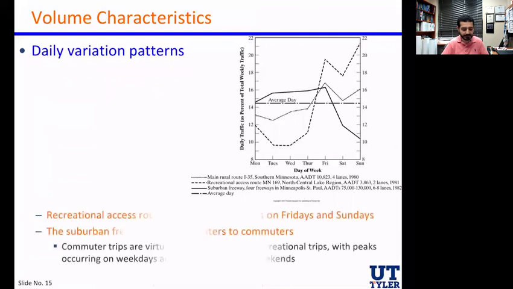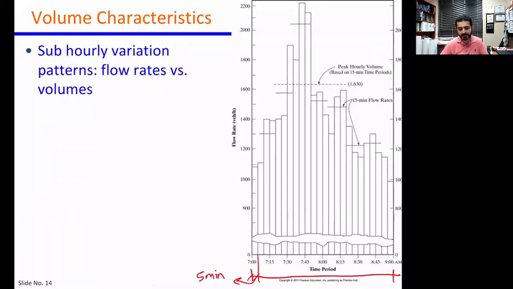It's more intense, but for example, the peak hourly volume based on the worst 15 minutes is 1630 vehicles per hour.